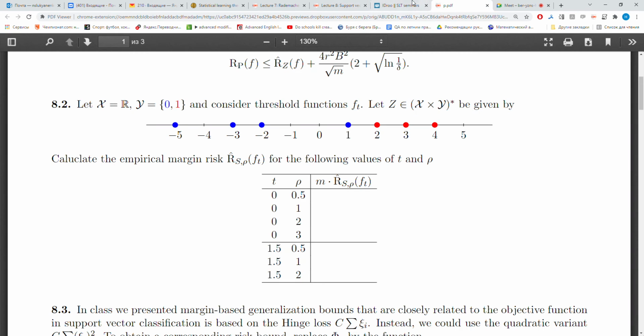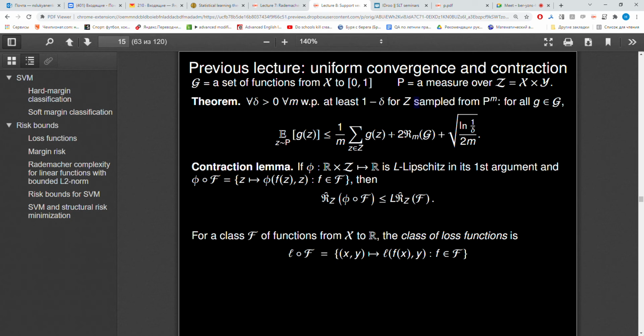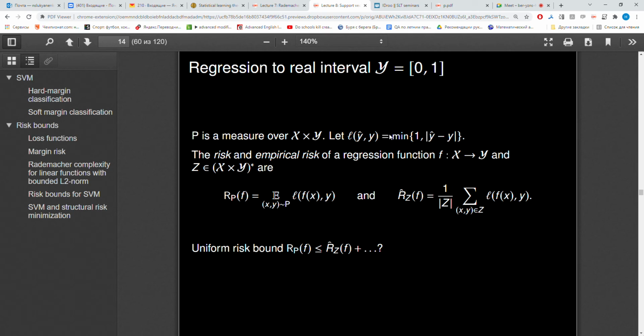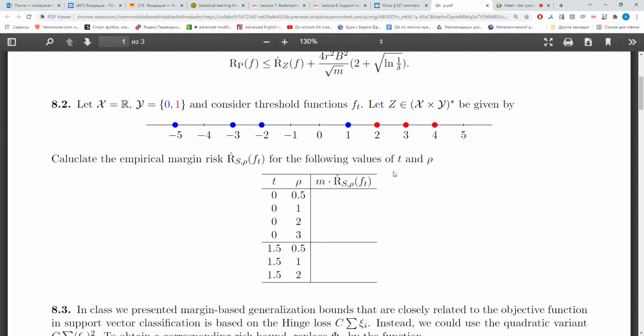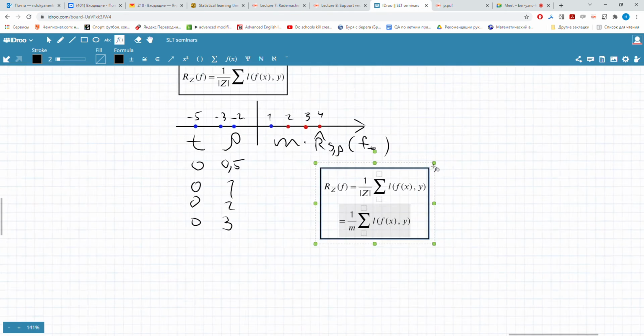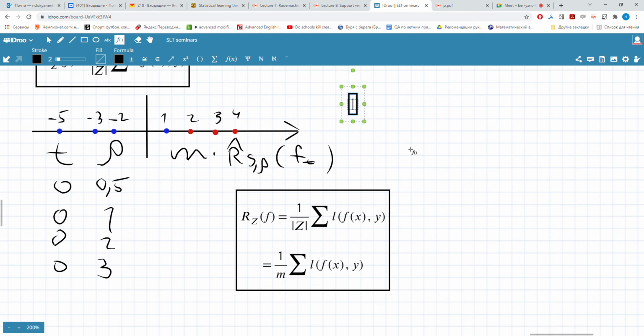I think that in this task we want to use the value of the loss function. But to be honest, I'm not sure, because there is no concrete loss function in the condition of the task. Okay, let's fix some loss function.